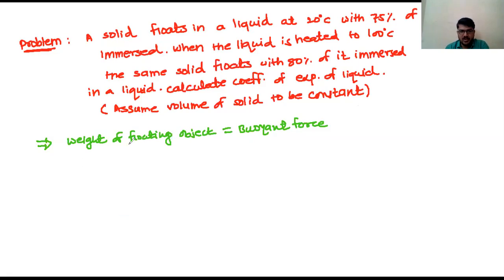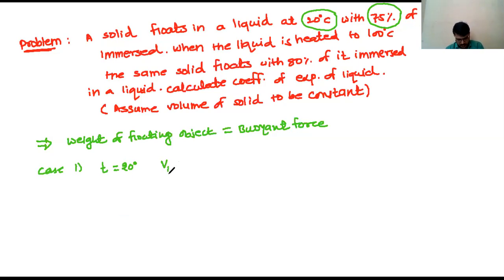Case 1 I am writing, because in case 1, 75% of the volume is immersed. And at that time the temperature is how much? 20 degrees Celsius. So देखो case 1, V immersed, V dash, is 75% of it.